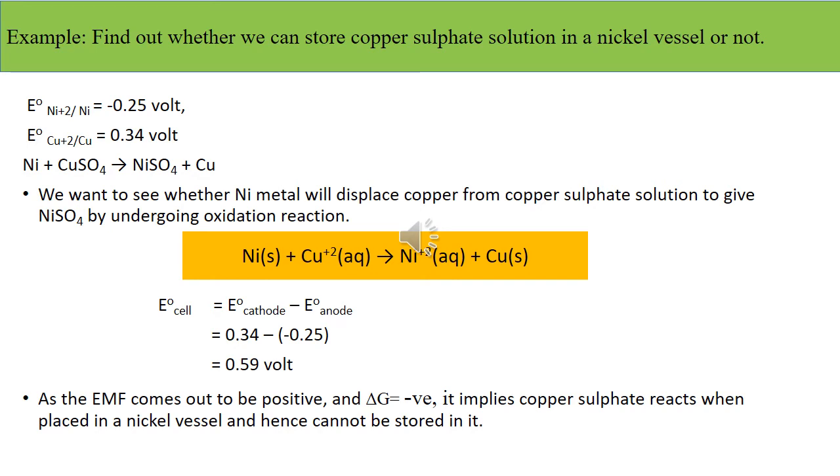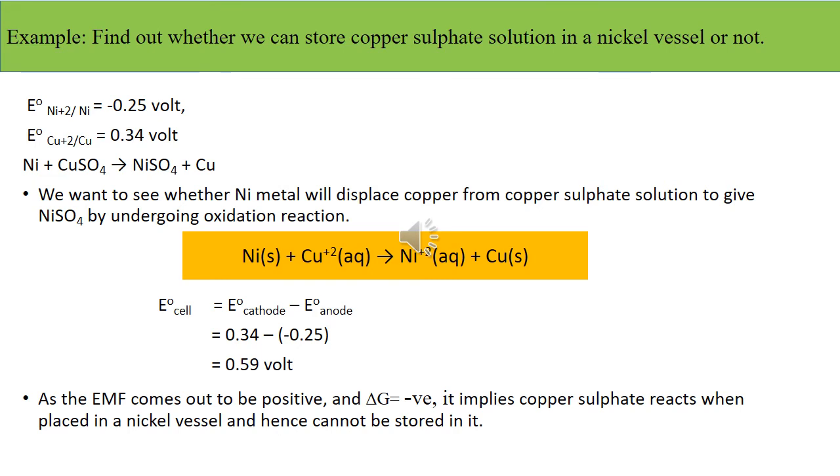We want to see whether nickel metal will displace copper from copper sulfate solution to give nickel sulfate by undergoing an oxidation reaction. We can find the E0 cell by using the equation E0 cathode minus E0 anode, and the value is found to be 0.59 volt, because here the cathode is copper and the anode is nickel, and E0 value is positive.